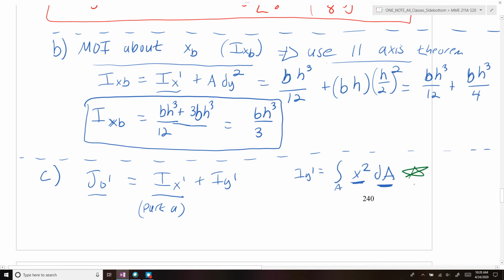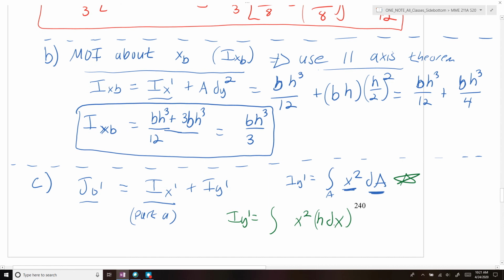If we plug that in, you would get Iy prime is equal to the integral of x squared times the height times dx. The height is a constant, and the height times dx is our dA term.